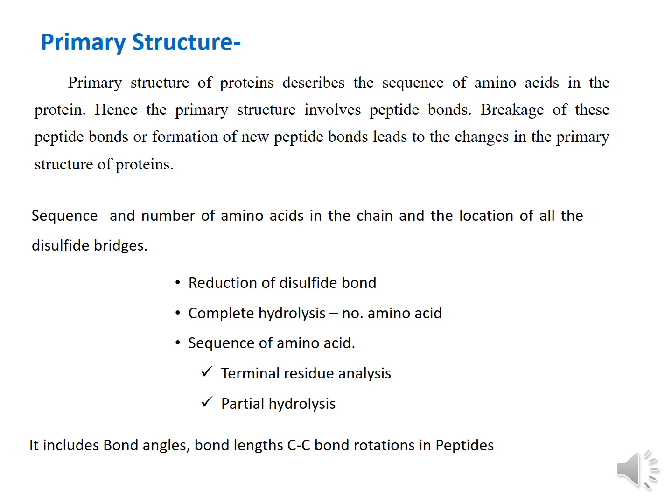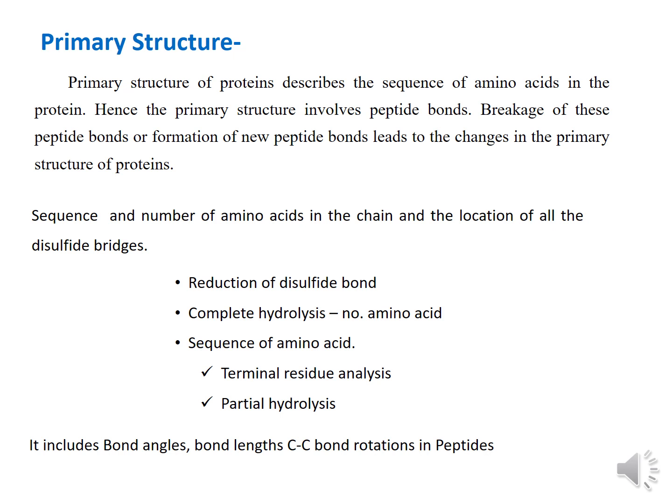How many amino acids are linked in this protein? And the sequence of amino acids could be determined through terminal residue analysis or partial hydrolysis. These two methods have been established.